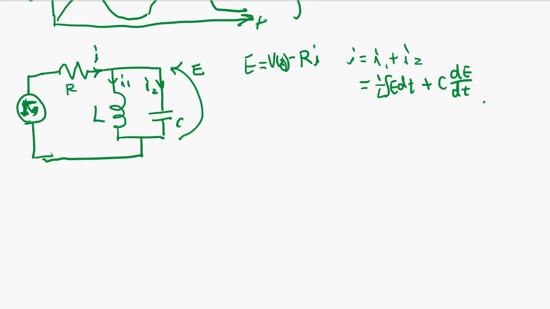Now we put together E's equation. You multiply R to this integral of E dt plus RC dE dt, and this is going to be constant V0, the initial step-up function.